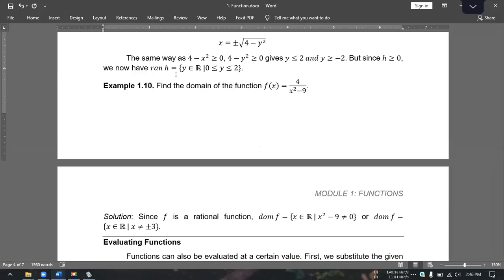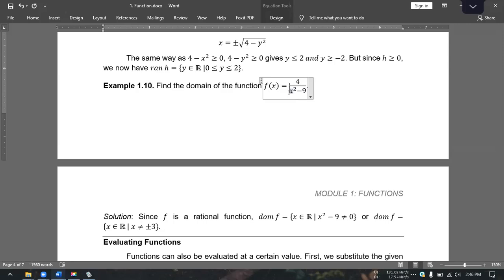Observing our function, we have a fractional function: 4 over x squared minus 9. We have to restrict our domain. We need to get rid of values of x where our function becomes undefined.